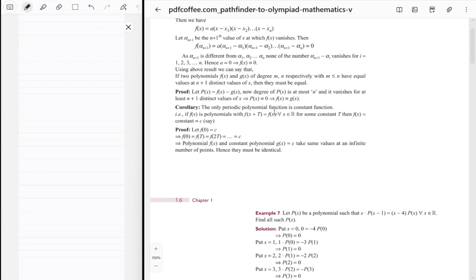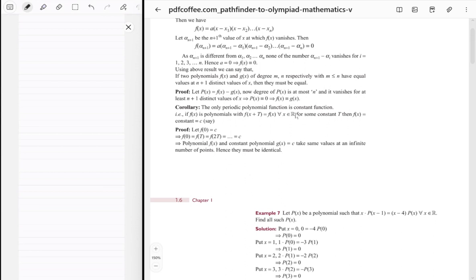The only periodic polynomial function, periodic, I mean that gives it away, it's at infinite points that it becomes equal to a constant or whatever, right? So the only way is that it must be a constant polynomial. So at some point you have some value, after a period you still have the same value, and so on, right?